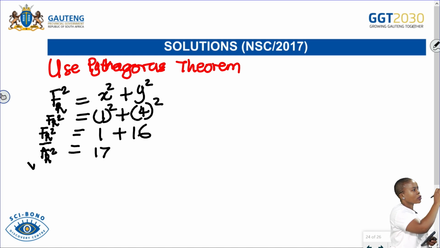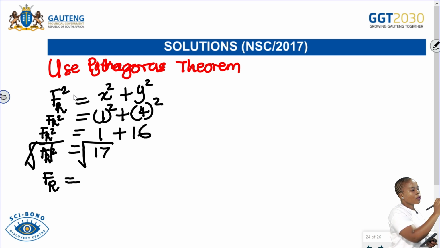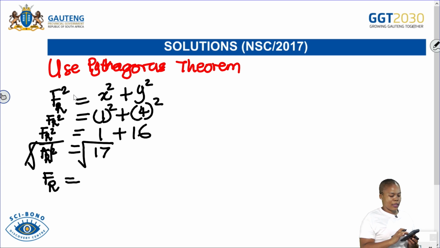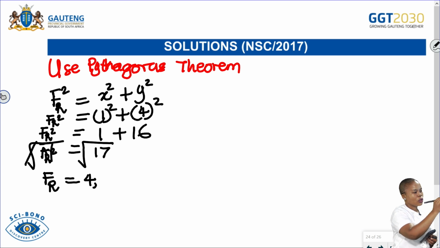And then when you reach this place, you just say, okay, that square root is cancelled by the square in there, so you're left with your FR, which is therefore the square root of 17, which is giving you a what? 4.12 newtons.